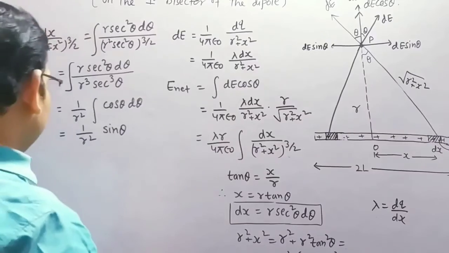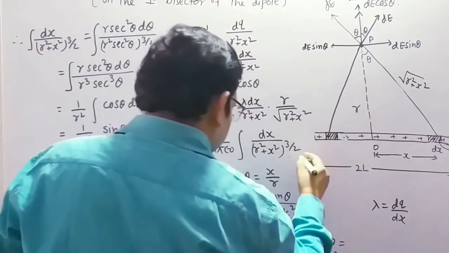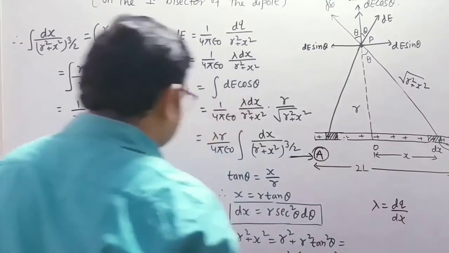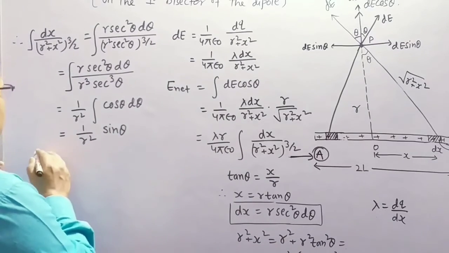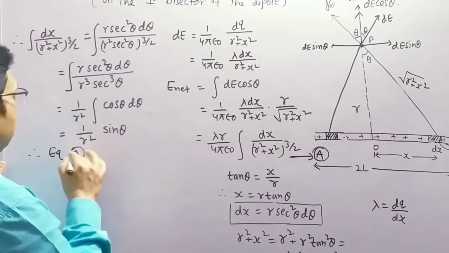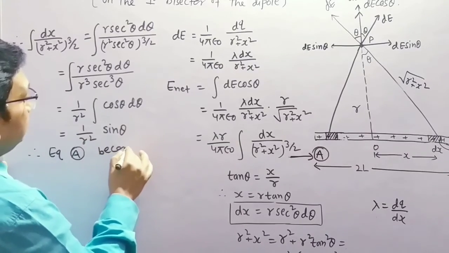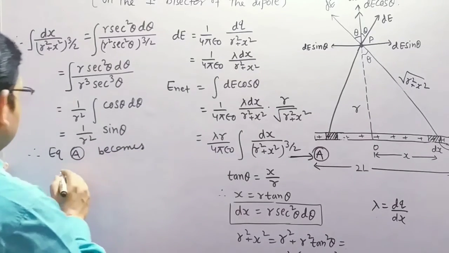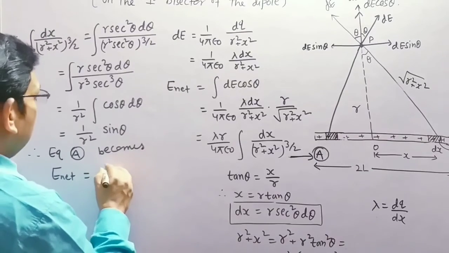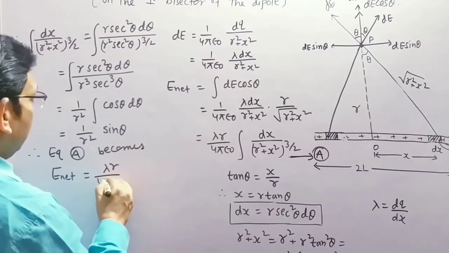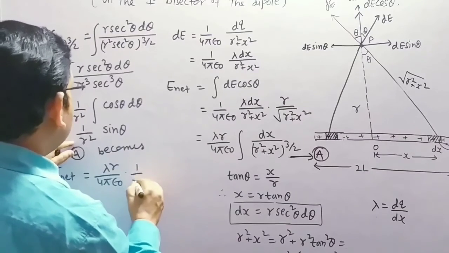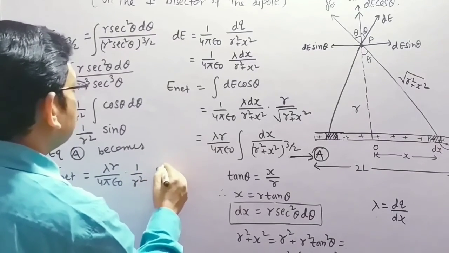Suppose this is expression number A. So equation A becomes, the electric field net is lambda r by 4 pi epsilon times 1 by r square sin theta.